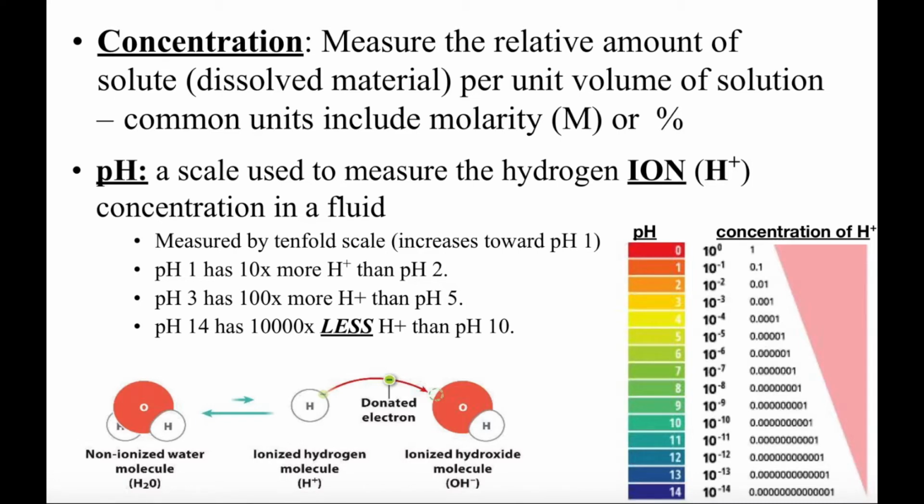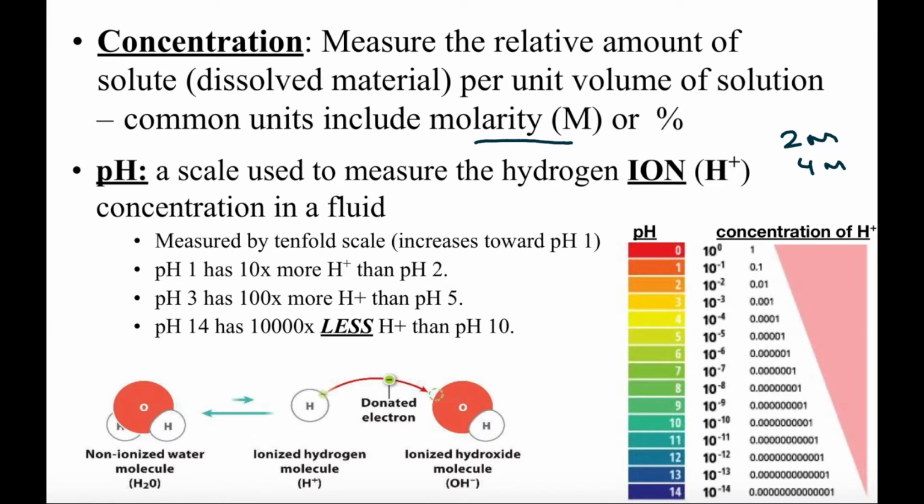All right. There are different common units that are used to measure concentration, like molarity, which you'll sometimes see. So sometimes you'll see the concentration is 2M or 4M or percent. I'm not really going to require that you understand what those specific units are or what they mean in terms of calculations, but as long as you know 4 molarity has twice as much concentration of whatever solute it is, like sugar or salt, compared to 2 molarity, then you know what concentration is, as far as it's critical for bio.